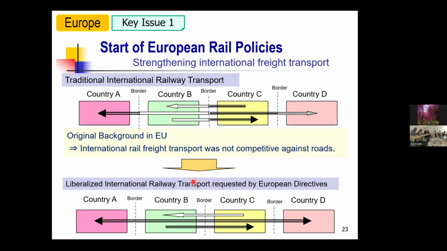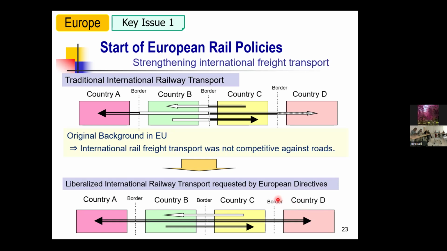In this type of liberalized operation, one freight transport operator can carry goods from origin to destination, even if the countries are different. This open access policy fits with the philosophy of creating the EU and the single common transport market within the member countries.